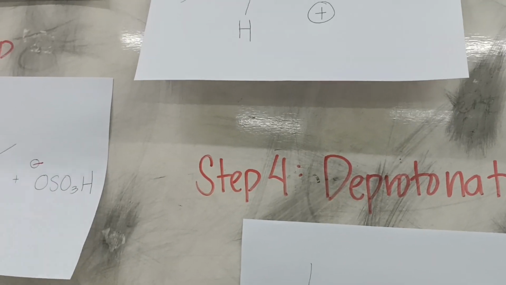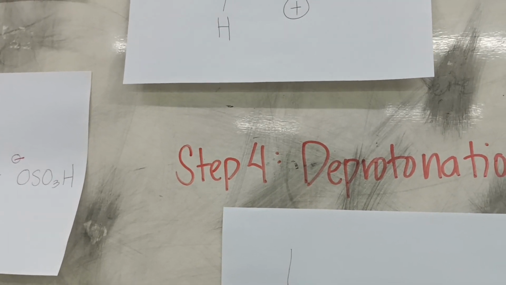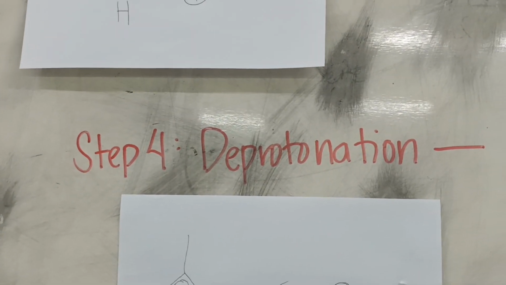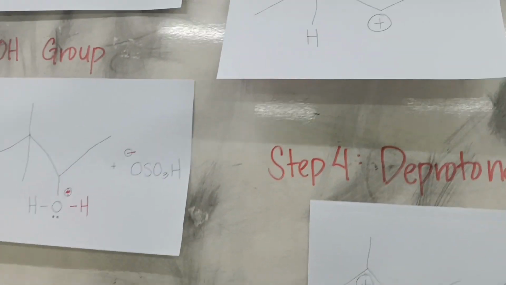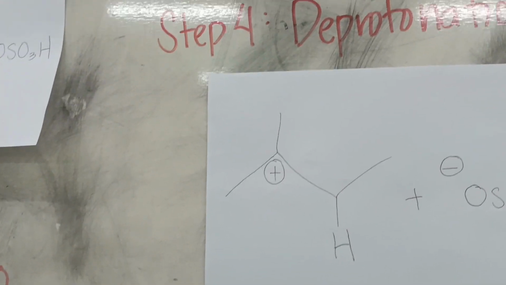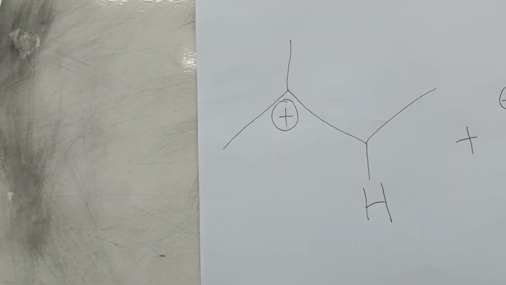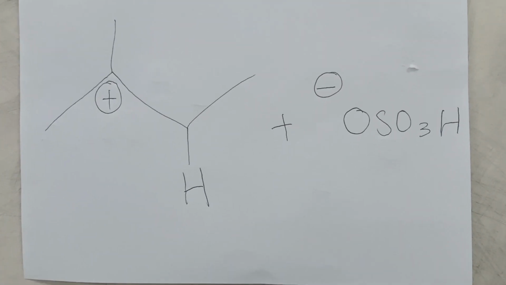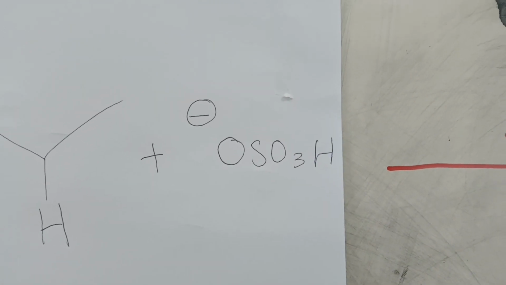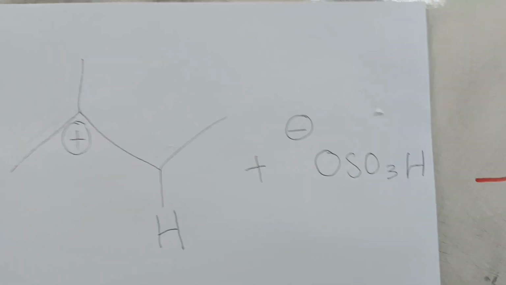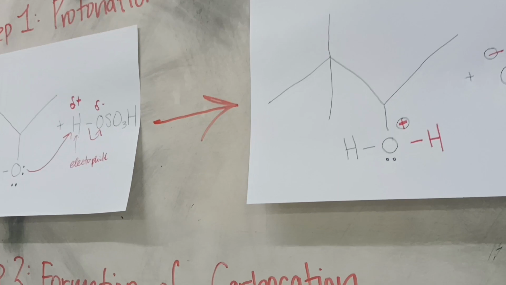Okay, now we proceed with the fourth step, which is the deprotonation, the loss of proton. Now that we have a stable carbocation over here, the negative OSO3H will want to take revenge. You see, it is still yearning for the H atom that was stolen in the first step earlier.